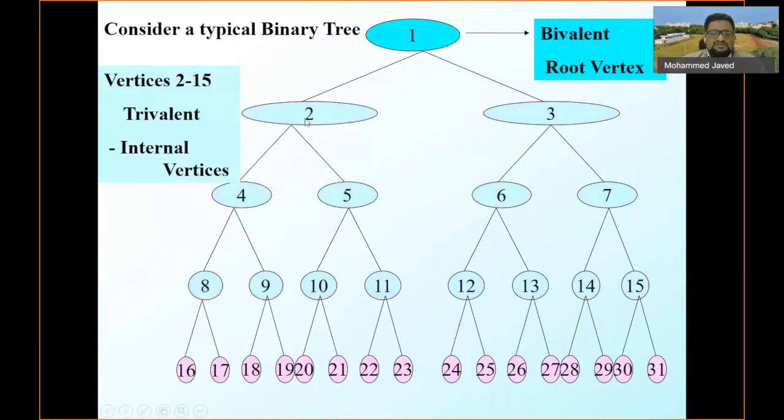All other vertices from 2 to 15 are trivalent, with degree 3, and they are also called internal vertices. On the other hand, there are vertices from 16 to 31. They have degree 1, and they are called the pendant vertices, and also external vertices.